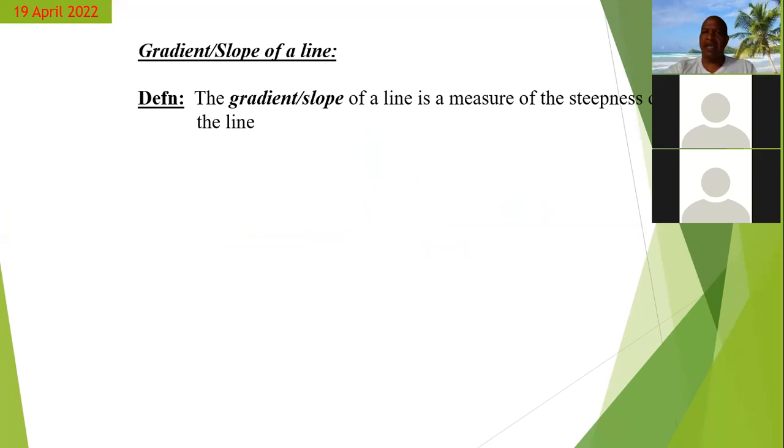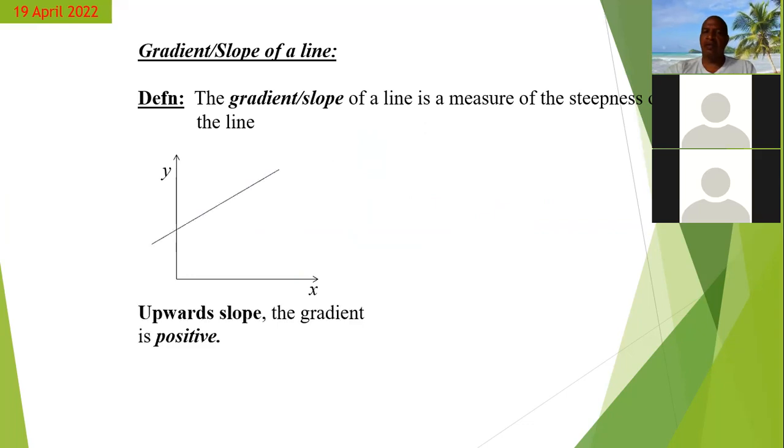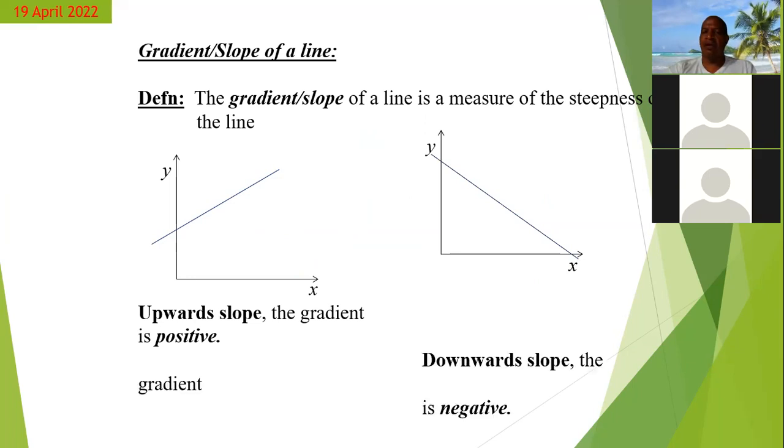Now, there's something else that we need to know about gradients. We have gradient being a slope. Now, this slope can be running either from the left going up or from the left going down. Whether or not the slope goes up or down coming from the left will determine the sign of your gradient.